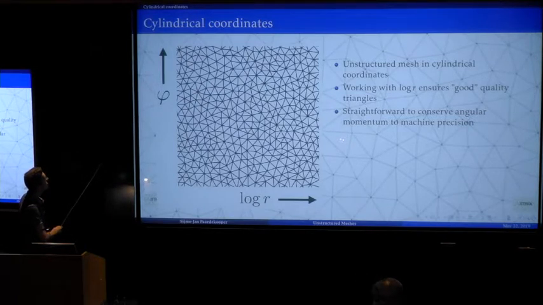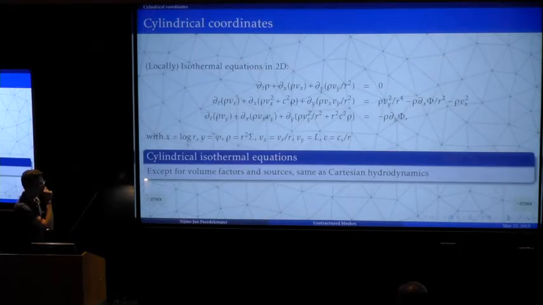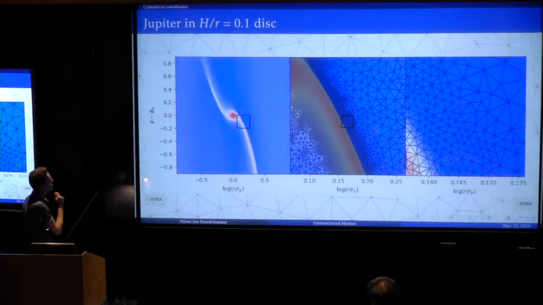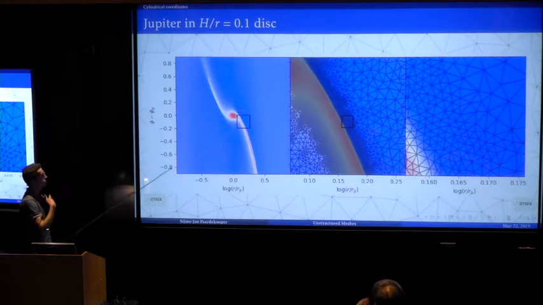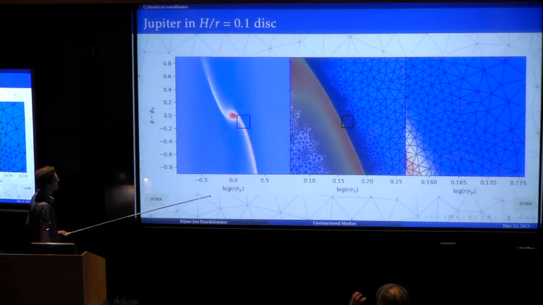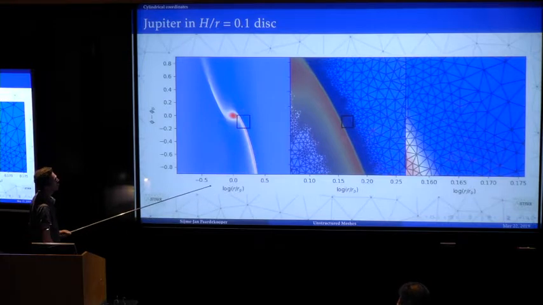So phi is azimuthal, and I'm going to skip this. Let's just show some examples finally. This is very, very recent, basically a progress report.